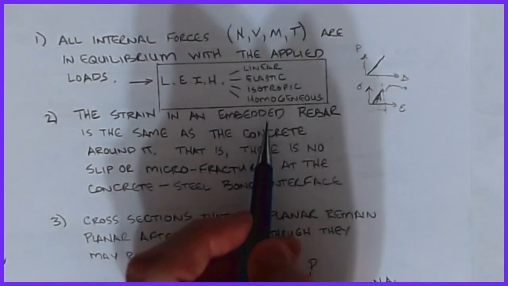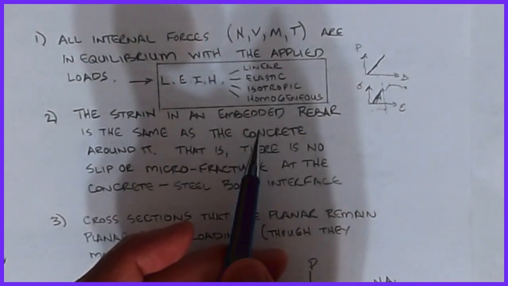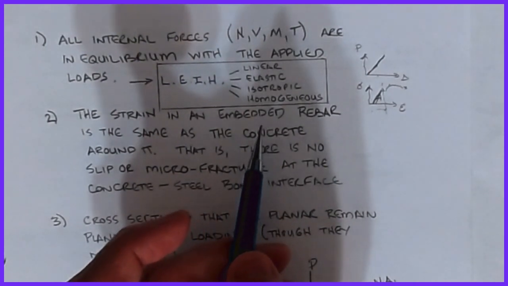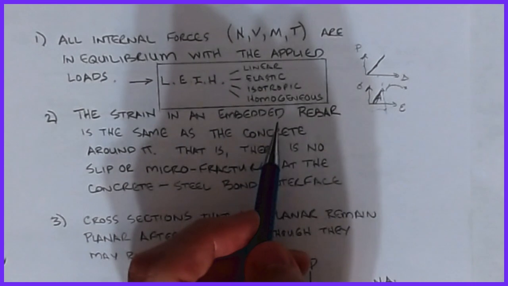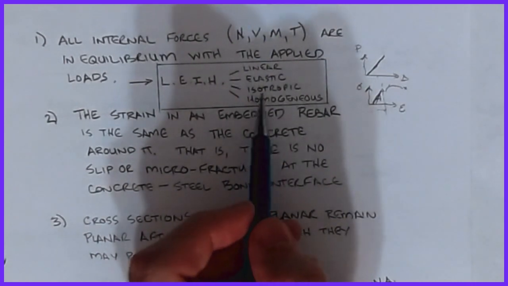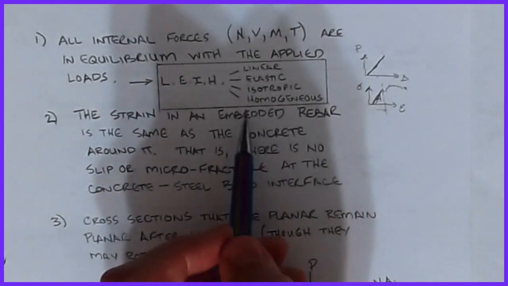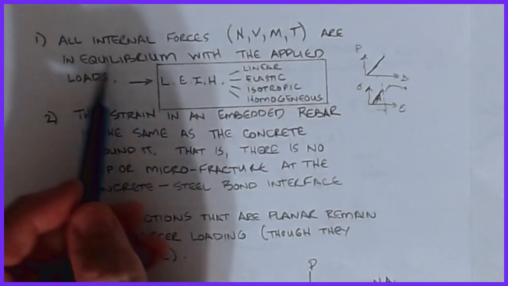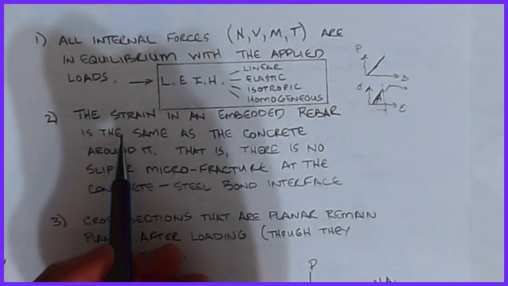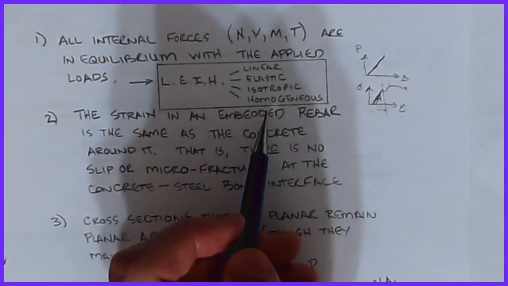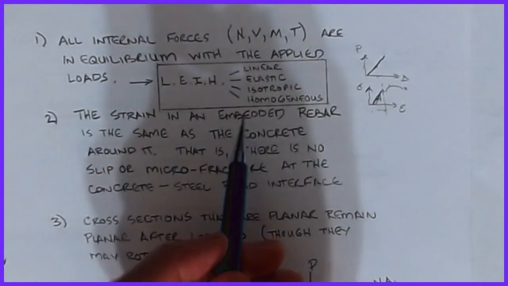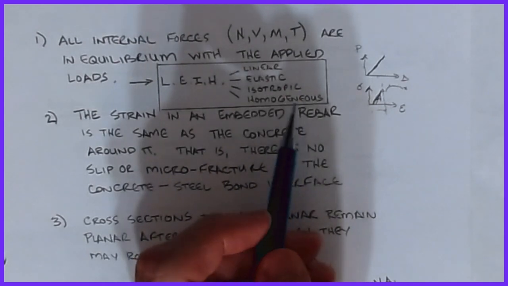Isotropic and homogeneous have to do with the distribution of properties in given directions or even throughout a given cross-section. By nature, concrete is neither one of these, but we're going to make an assumption that it's close enough so that we'll be allowed to stick with our assumption here. Concrete is a combination of cement and water and sand and really big aggregate particles, so there's no uniformity.